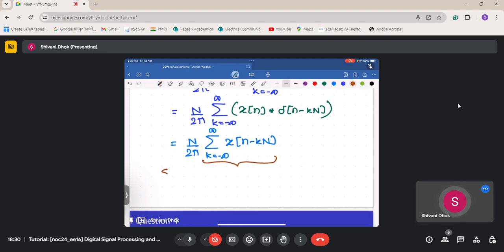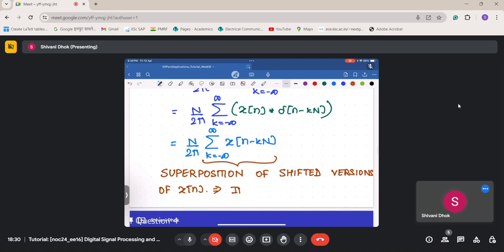So this thing here is a superposition of shifted versions of x n, and it clearly says that if they overlap, we'll have aliasing. If no overlap, no aliasing.